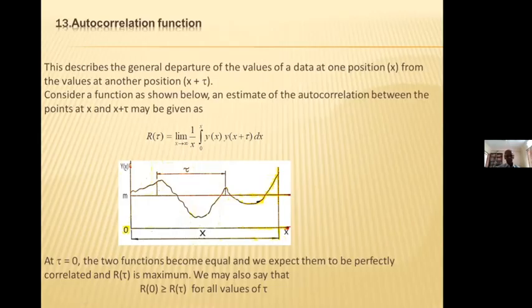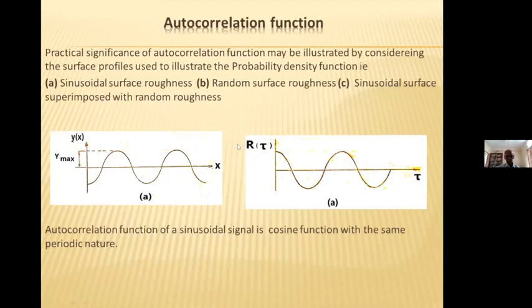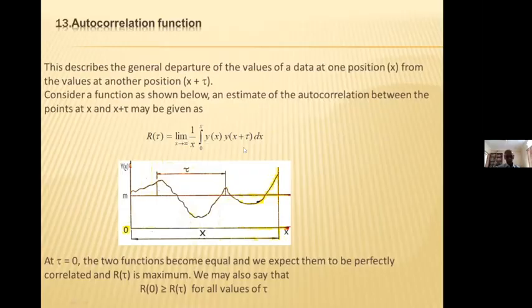Now this is usually done by multiplying the two functions at the two different points, y(x) and y(x plus tau), with respect to dx, integrating over the whole sampling length x and dividing by x, and assuming that x is tending to infinity.